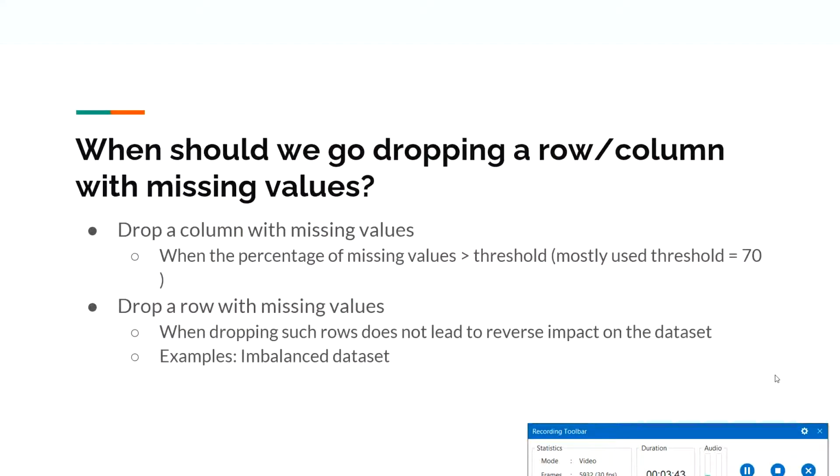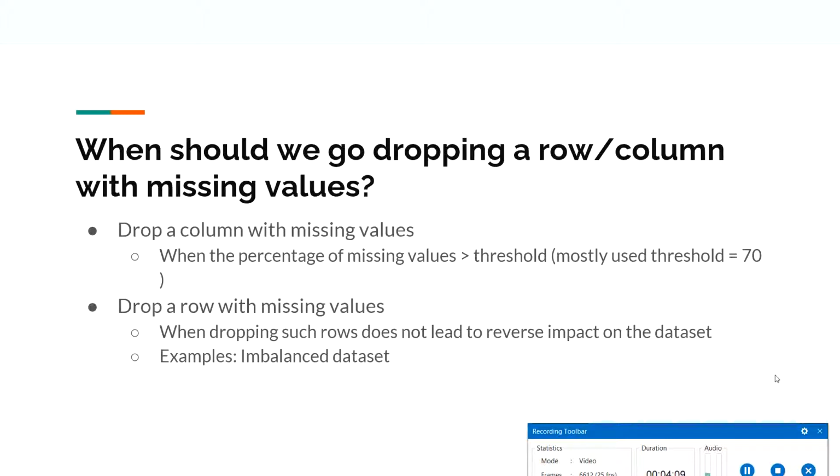So let's see, when should we go ahead and drop a row or a column with missing values? Let's assume a scenario where you have a data set with maybe 20 columns and there are missing values across 5 columns. Should we blindly take those 5 columns and drop them because they have certain missing values?